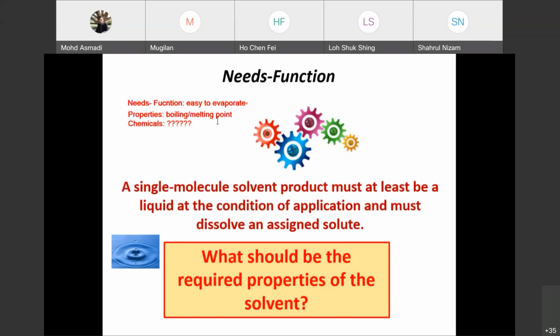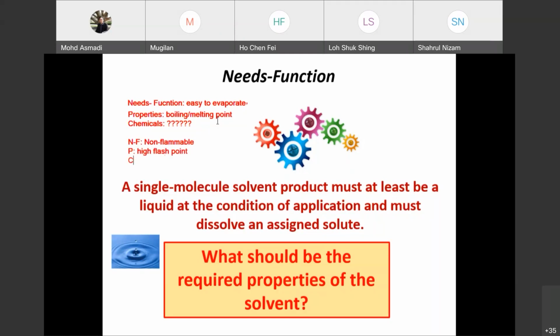Another example. Non-flammable is the need function. The properties: flash point, a high flash point. This is the property.